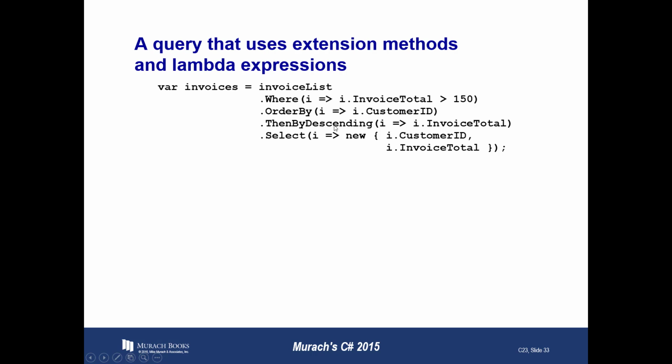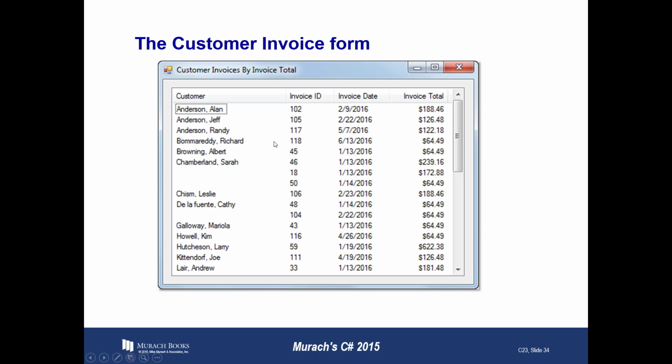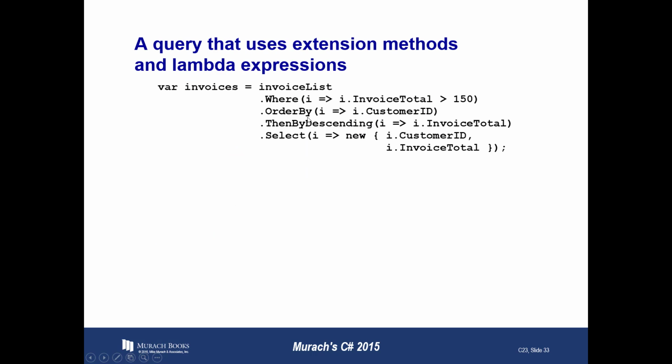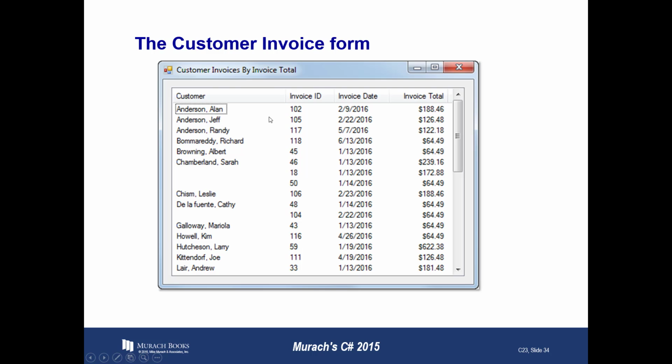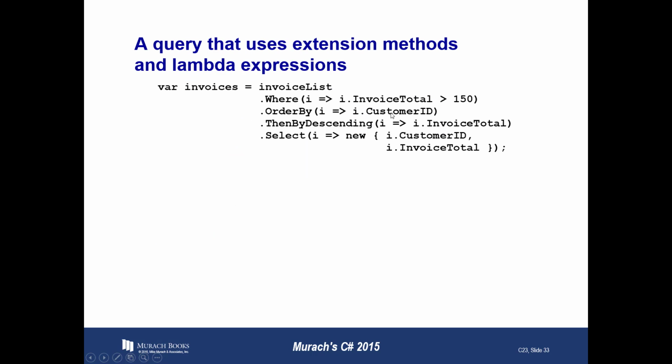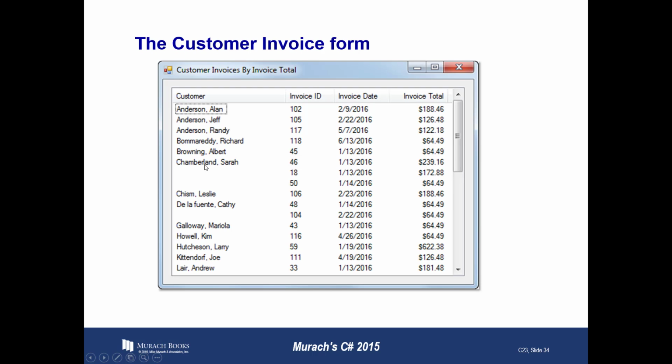Then if there's any that are the same or whatever, we're going to do it by invoice total. So the customer ID, notice that Sarah Cumberland has 1, 2, 3 different invoices.